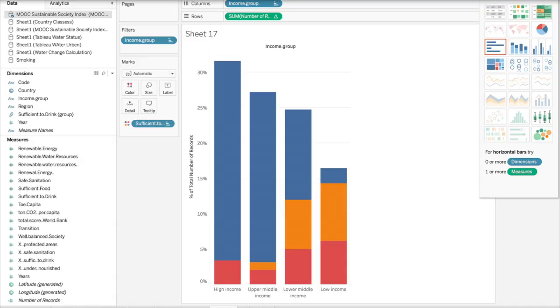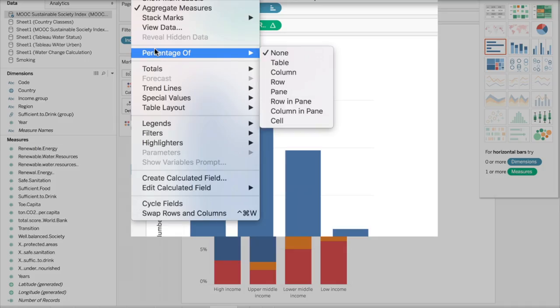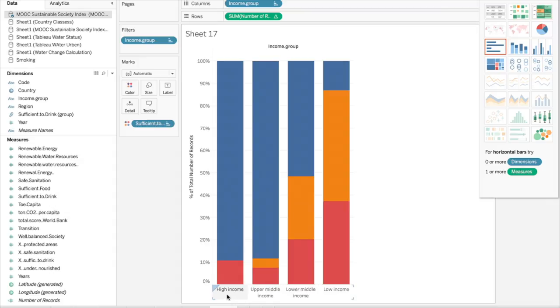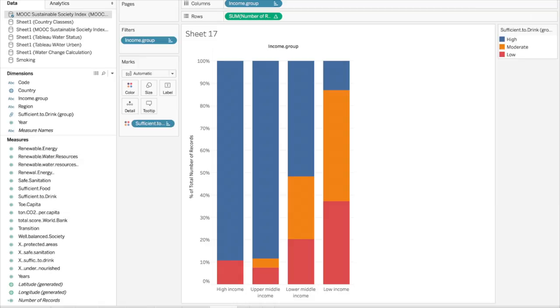So we'll go back up to the analysis and tell it to give us a percentage of the column, because each column here is an income class: high, upper middle, lower middle, low. So this is just another way of visualizing what the relative distribution of water is like in the income groups.